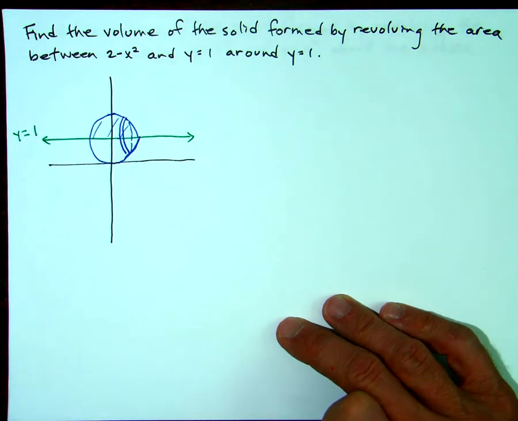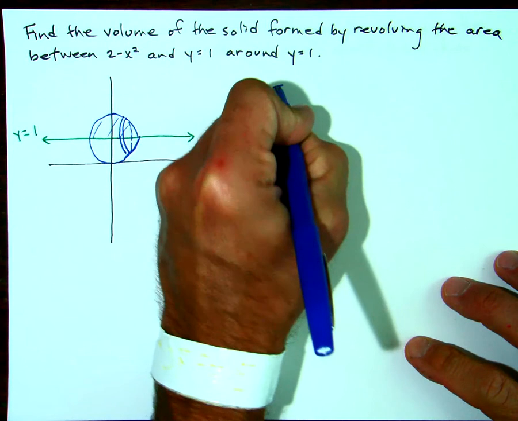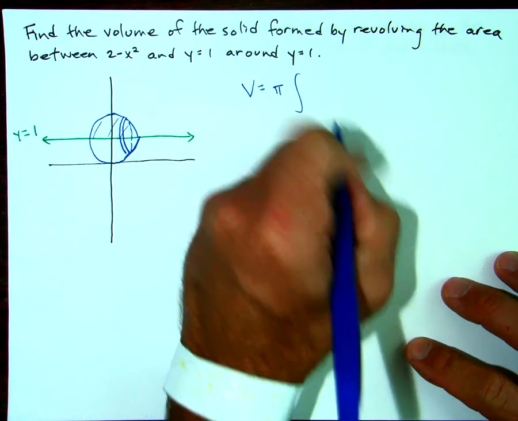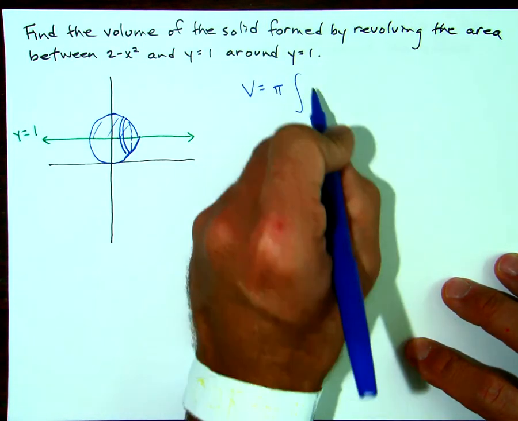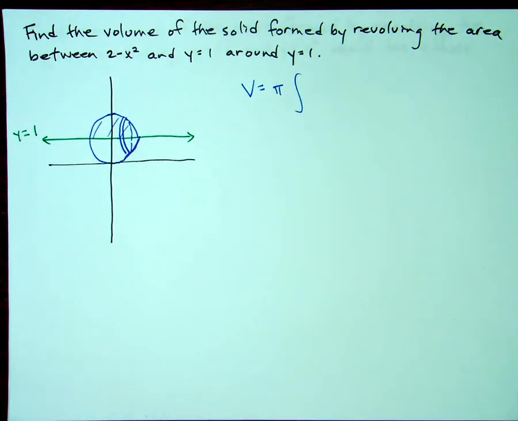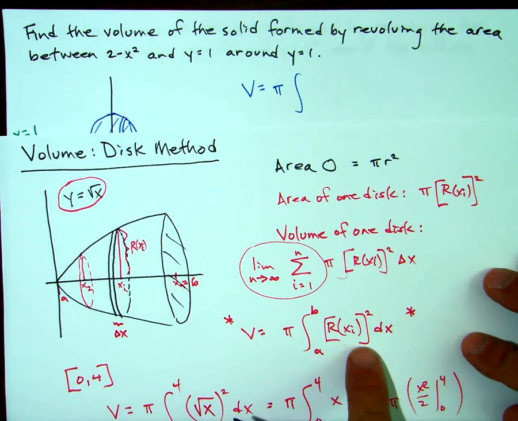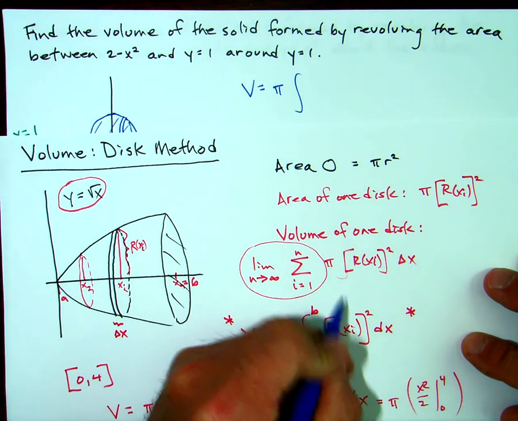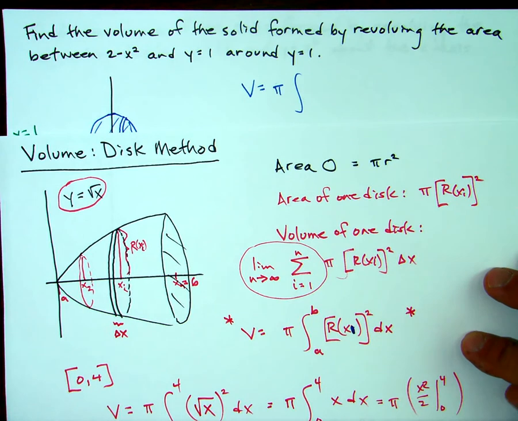All right. Well, our formula is pi times the integral from a to b. And what we have to think about is what will be our bounds and what will be, well, let's just put the formula back up here for a moment. So here's our formula. Oh, sorry. The x sub i is only for the summation. Once we get to here, it's just r of x, right?